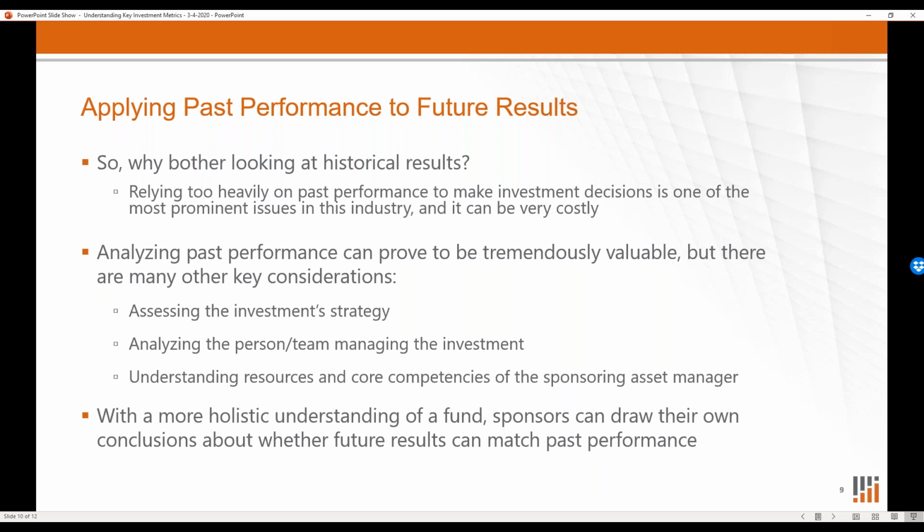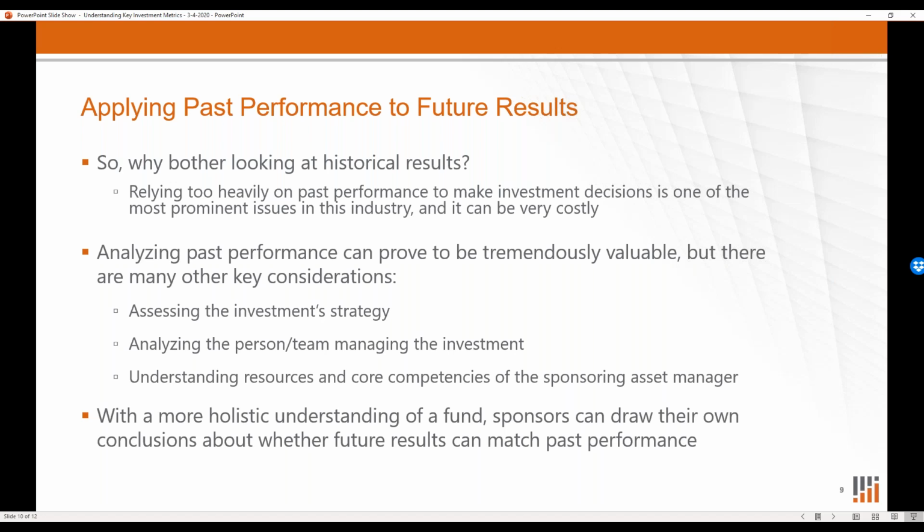When you over-rely on past performance, you end up doing the exact opposite of what prudent investing dictates. You buy high and you sell low. And compounded over long-term periods of time, that type of behavior can have serious implications on your plan participants' retirement outcomes.